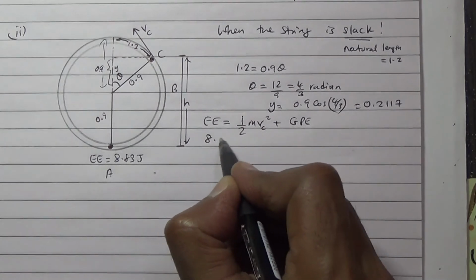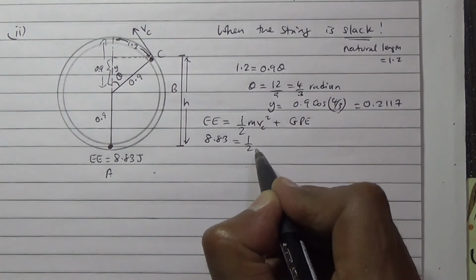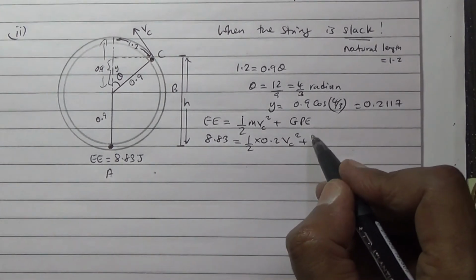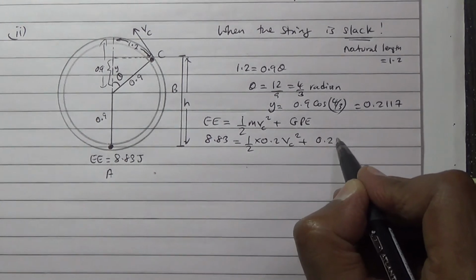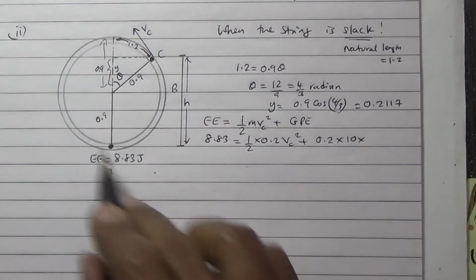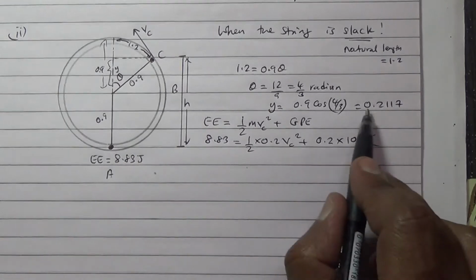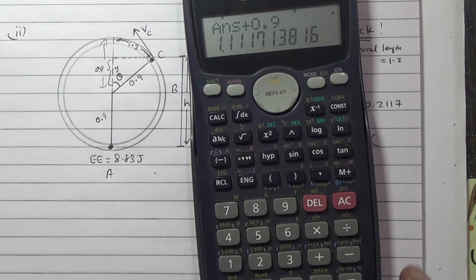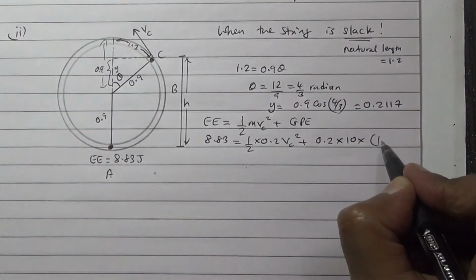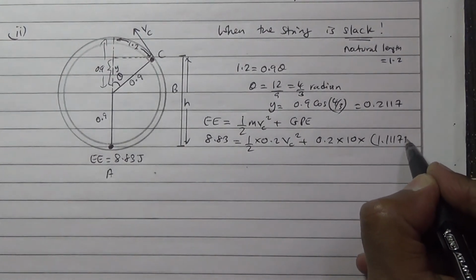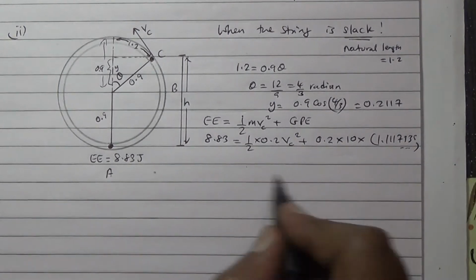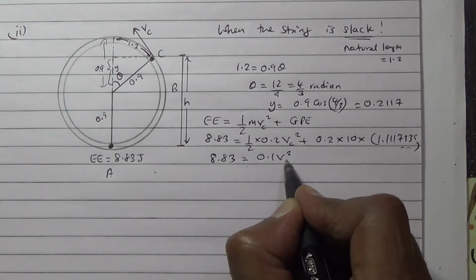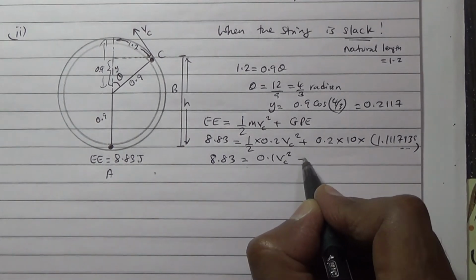So 8.83 is equal to 1/2 times 0.2 times vC squared plus the gravitational potential energy, mgh, 0.2 times 10 times the height. The height is 0.9 plus 0.2117, so 1.117138, etc.